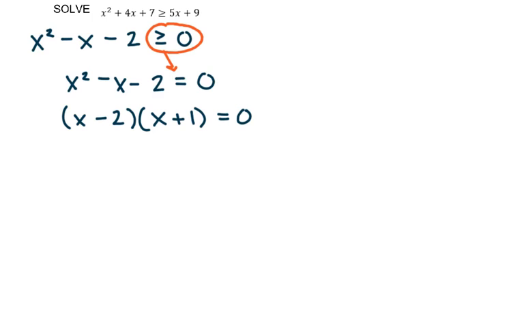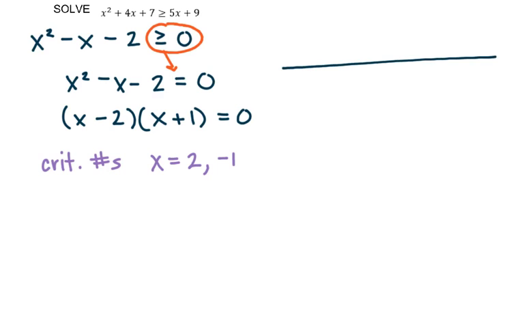Very easily, I can see that the zeros, which I'm going to call critical numbers, are x is positive 2 and negative 1. So from our steps above, we're going to take that positive 2 and negative 1 and plot them on a number line.